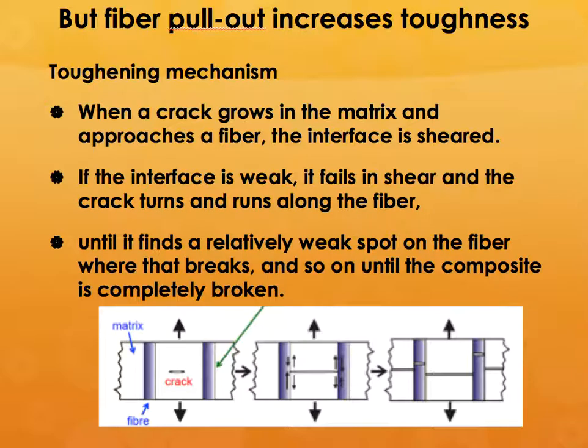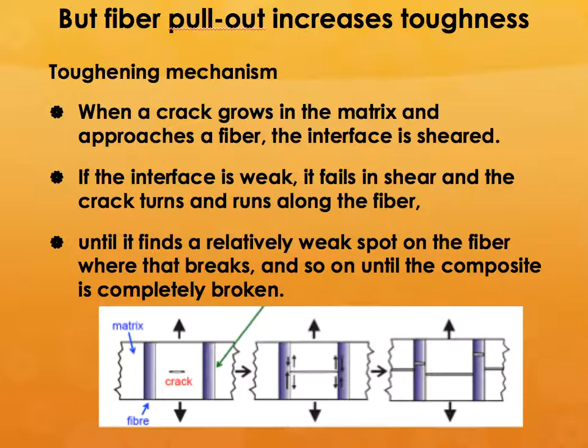When a crack grows in the matrix and approaches a fiber, it has to pass through that interface, and it has to shear that interface before the crack will enter the fiber or the matrix. If that interface is weak, it will fail in shear and the crack will turn and run along the side of the fiber until it finds a relatively weak spot on the fiber. Then it breaks at that point, and so on.